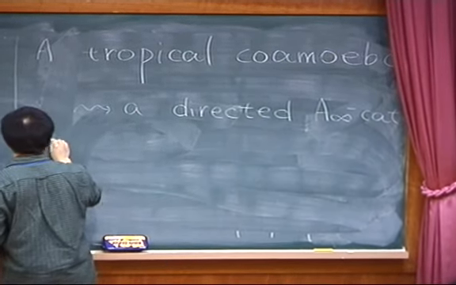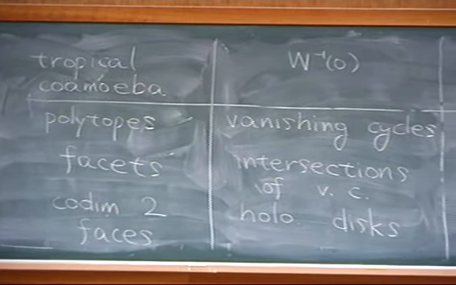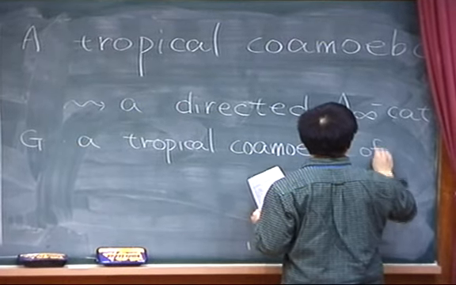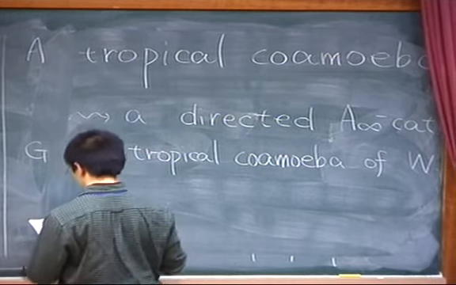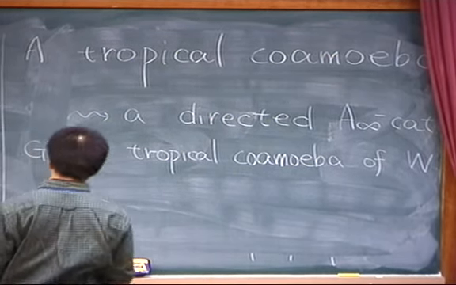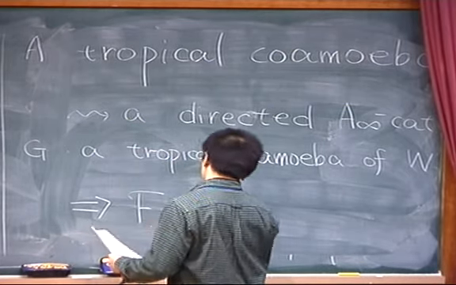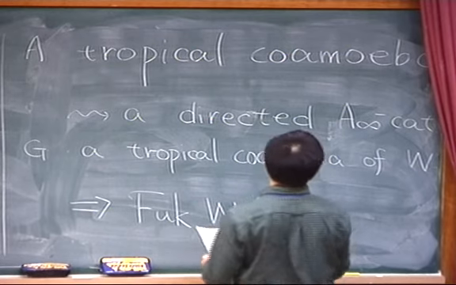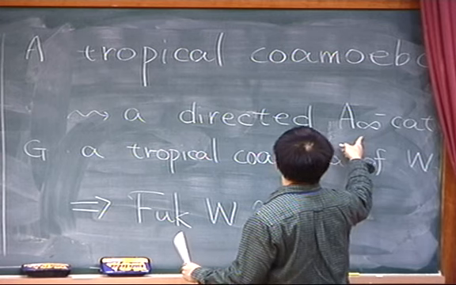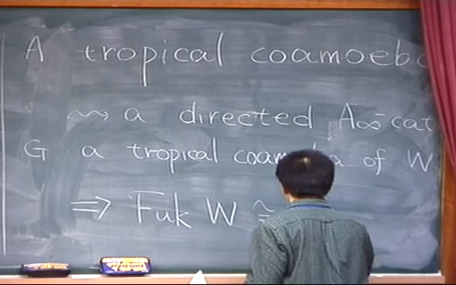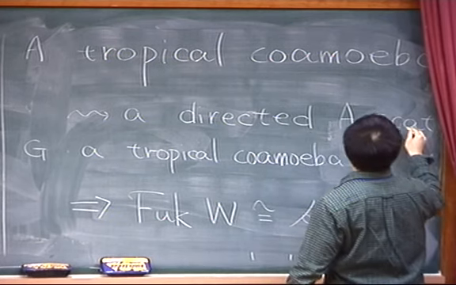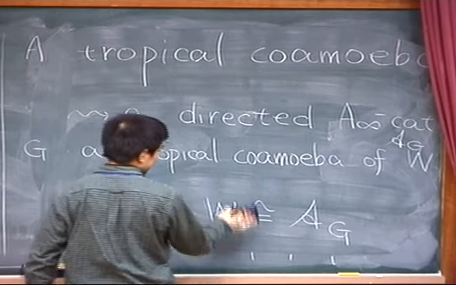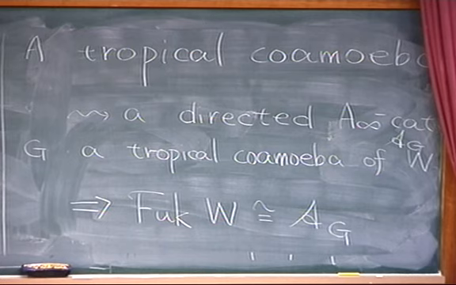If G is a tropical coamoeba of W, a Laurent polynomial, then these conditions that I mentioned but didn't actually write up ensure that the Fukaya category, let me write this A infinity category A_G, is equivalent to this A infinity category A_G.